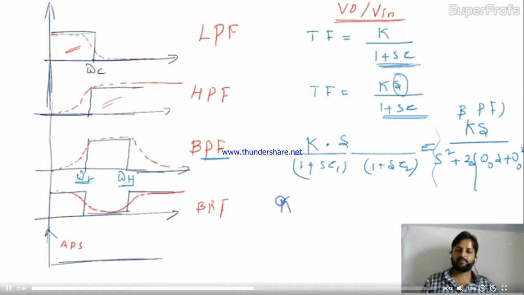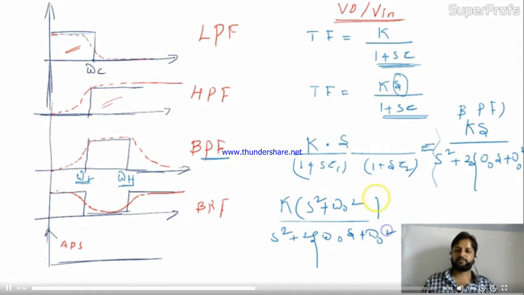It will be simply K times s square plus omega naught square divided by s square plus 2 del omega naught s plus omega naught square. And for the all pass filter, this is s minus a, s plus a. Simply, if the pole is on this side, at the same time the zero will be on the opposite side. So this is the condition.